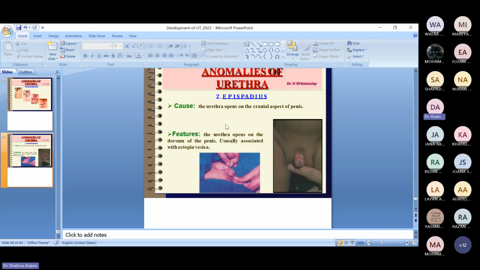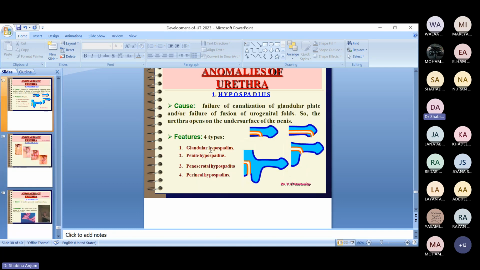What is epispadias? In this, the urethra will open onto the cranial aspect of the penis, the dorsum of the penis, and usually it is associated with ectopia vesicae. So there are 2 terms, epispadias and hypospadias. In hypospadias, the urethra will open on the under surface, down.